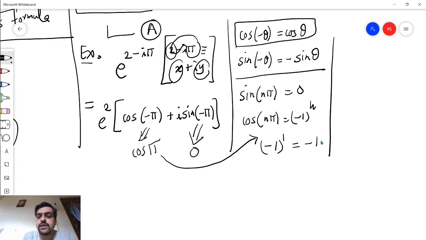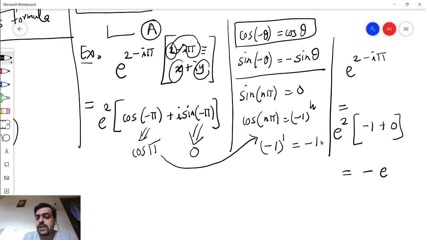Hence e raised to 2 minus i pi is going to be e raised to 2 into minus 1 plus 0, which is equal to minus e raised to 2. Yes, this is how we solve exponential functions involving complex numbers.